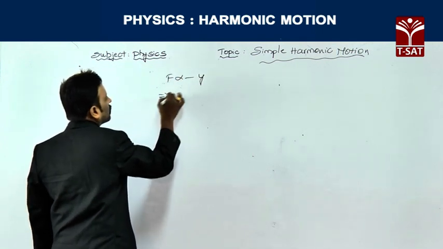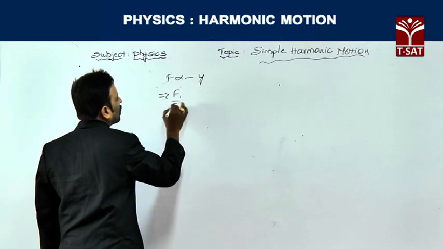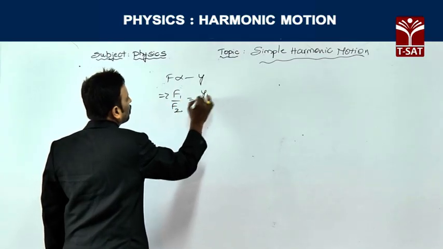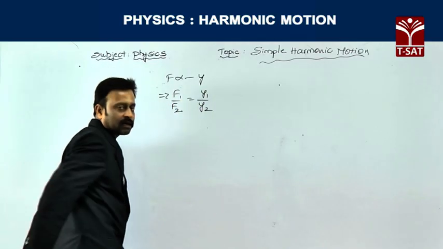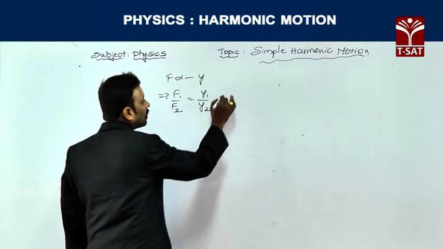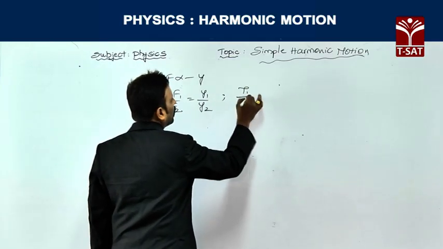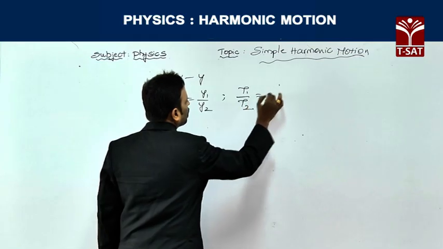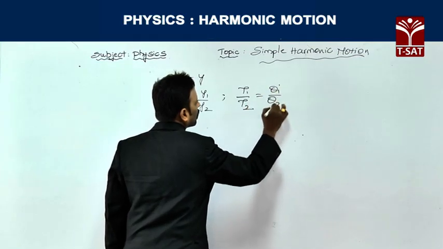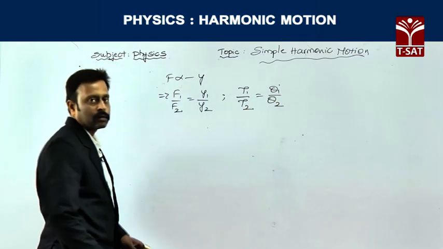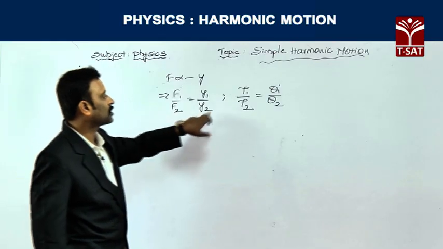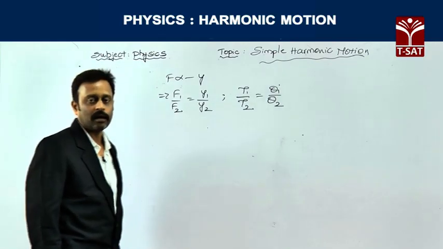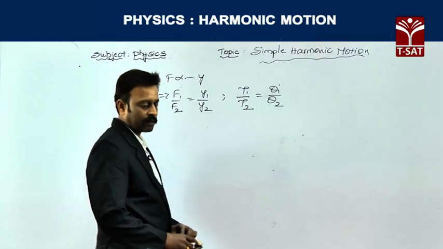I can write, in case of a linear simple harmonic motion, F1 by F2 is equal to y1 by y2, and in case of angular simple harmonic motion, I can write tau1 by tau2 is equal to theta1 by theta2.